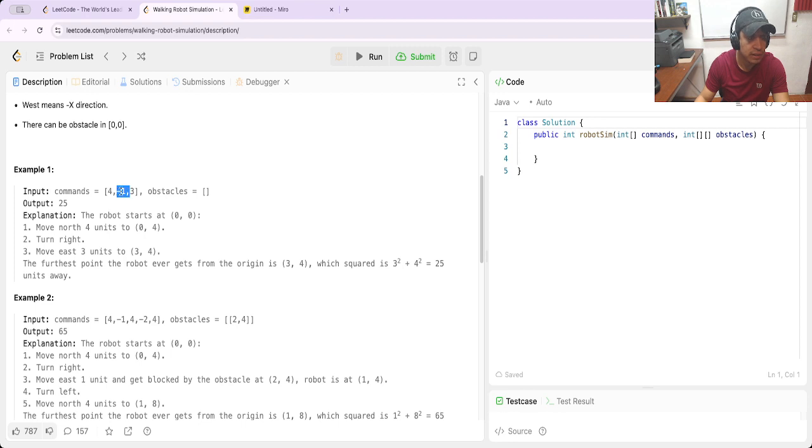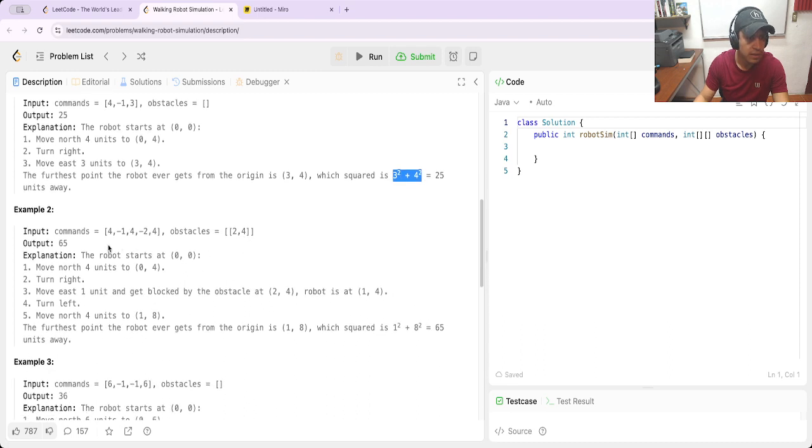Then the next is to keep moving in this direction, east, 3 units. The distance is basically 3 multiplied by itself plus 4 multiplied by itself. In this case, 3 times 3 is 9, plus 16, and the result of this addition is 25. In this case, we have this obstacle.